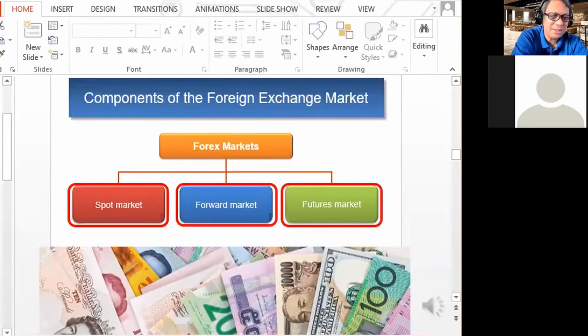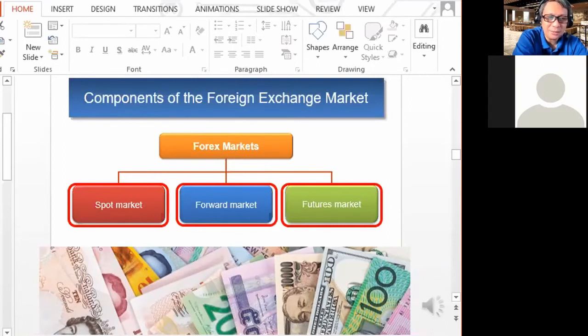Other example is the commodities market. No? You buy gold, no? Or you bid in the electricity or the energy market. Okay? So once you acquire these items, you really have to pay in cash. Kaya nga tinatawag nila spot. Spot means instant. So there is an instant exchange of currency, foreign currency in the spot market.